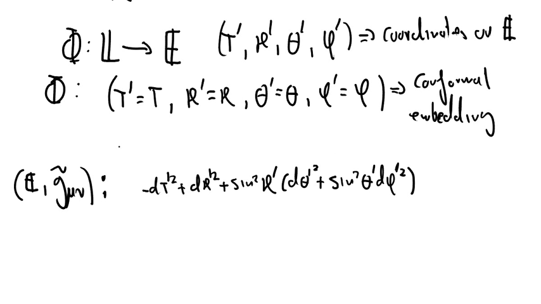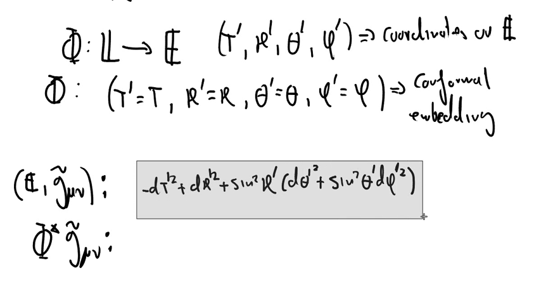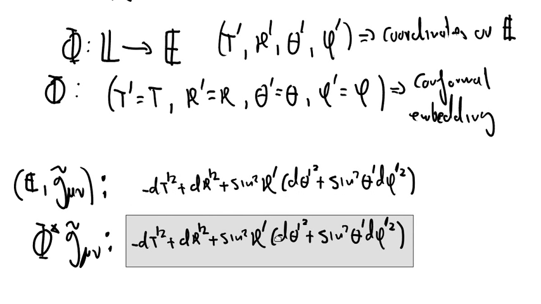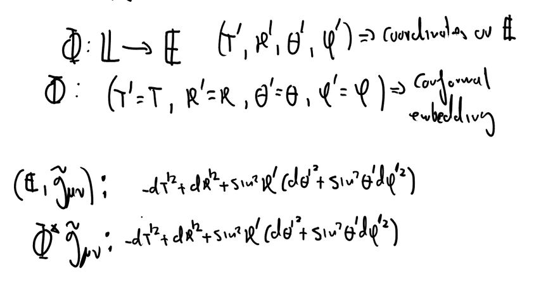And so if we compute the pullback of G tilde by means of phi, well, it's obvious that this pullback is just the expression which we have here above, but writing the coordinates without primes. So I'm just deleting the primes now.